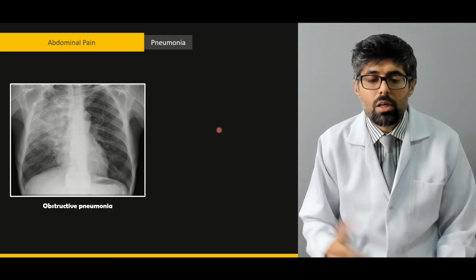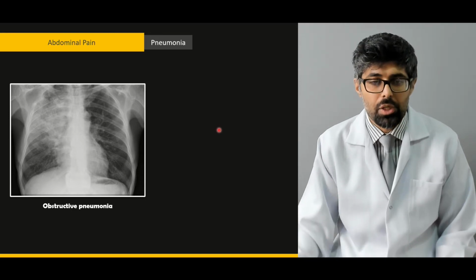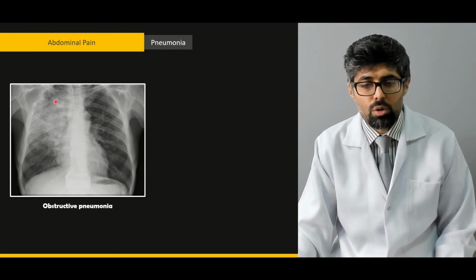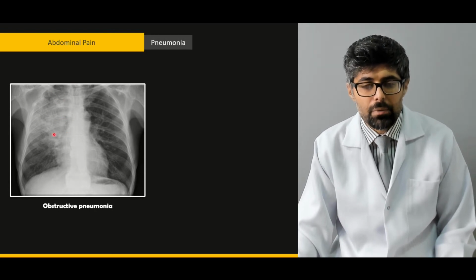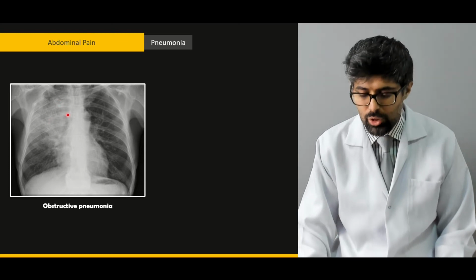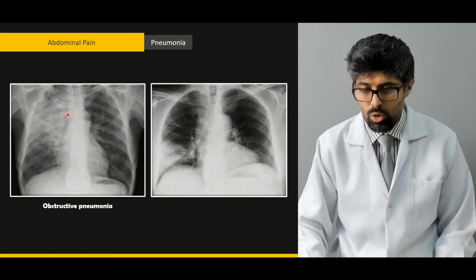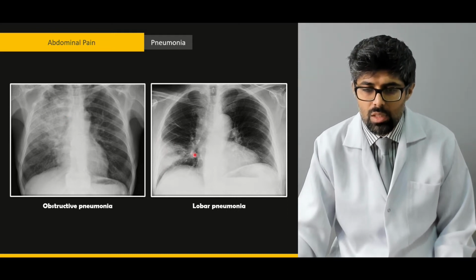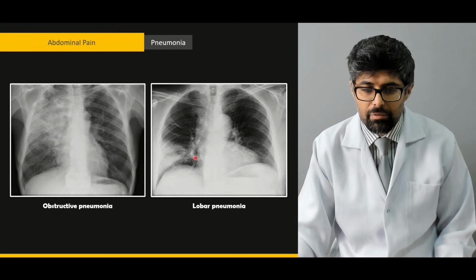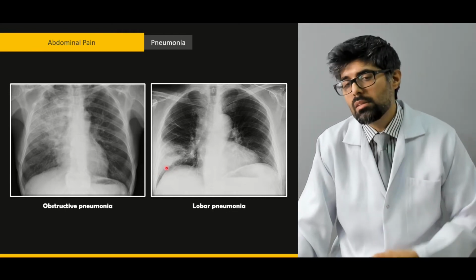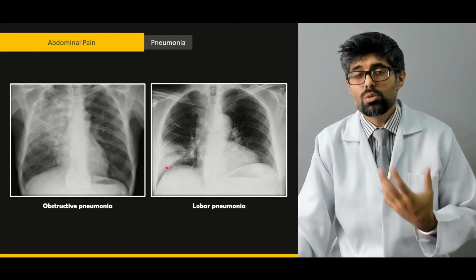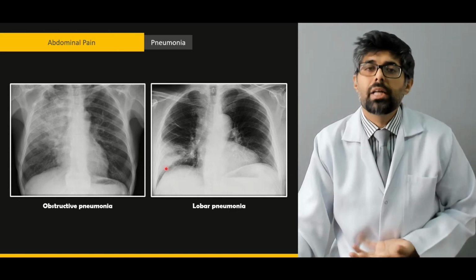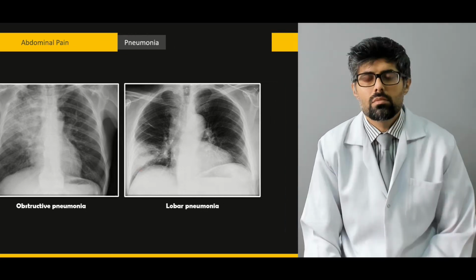Pneumonia can be an obstructive pneumonia, such as in this case where the whole bronchus is obstructed and the upper area of the lung is consolidated, or it could be a lobar pneumonia where a lobe of the lung is involved. In either case, the pain is referred to the abdominal wall instead of the thoracic wall, and the usual site is the epigastric site.